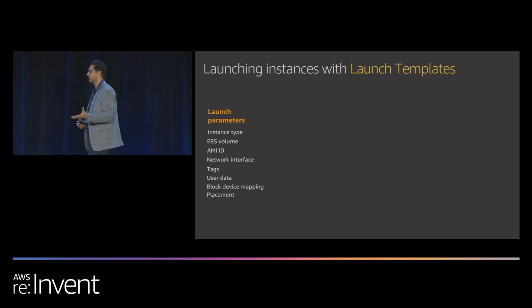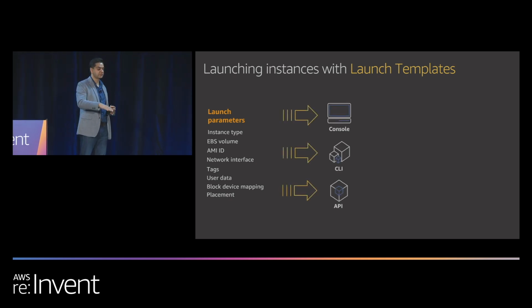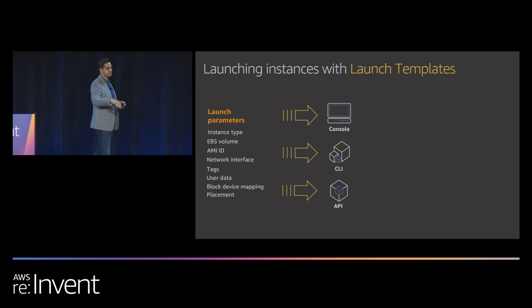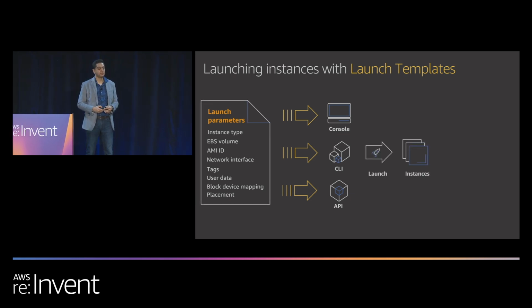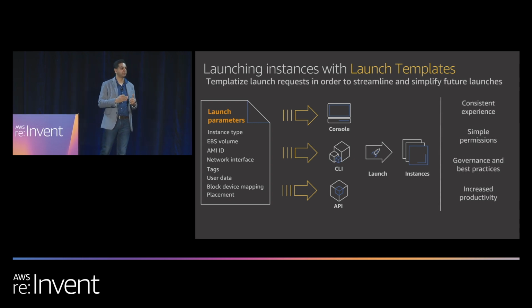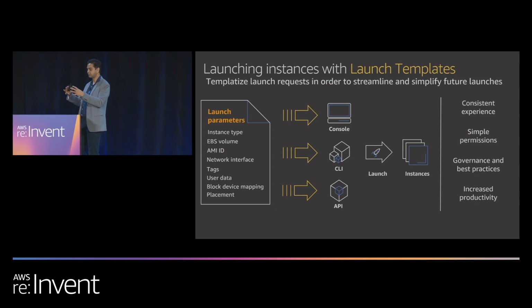About a year ago, we launched what we call launch templates, where all these instance parameters, like instance types, EBS volume, AMI IDs, network interfaces, tags, all of that is collapsed into this concept of a template that can be launched using console, CLI, or an API, and it makes it really easy for customers to provide a consistent experience, manage permissions, apply governance models, and improve the productivity of your developers because they're not going through these details all the time. It's pretty simple.